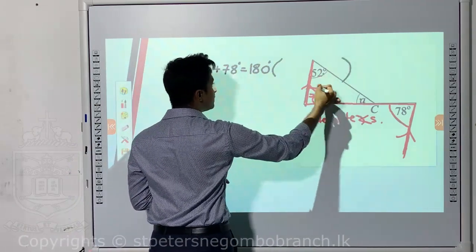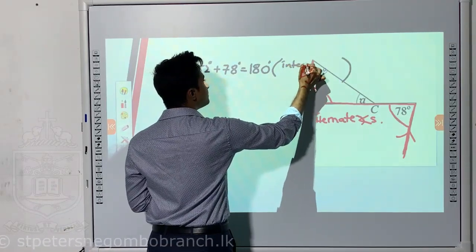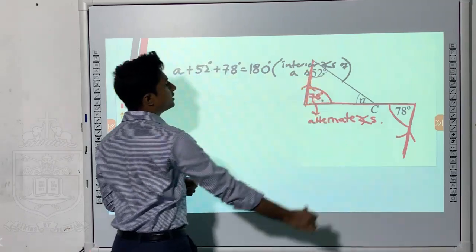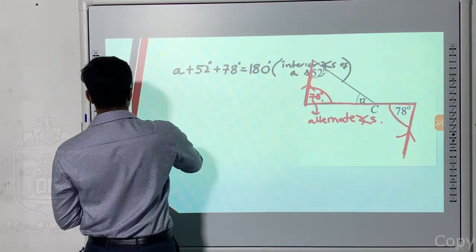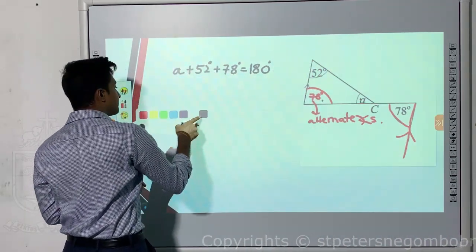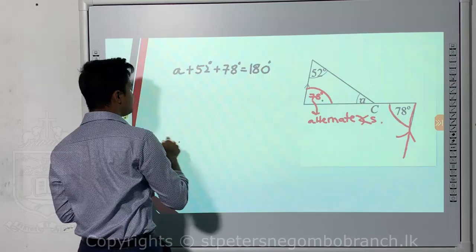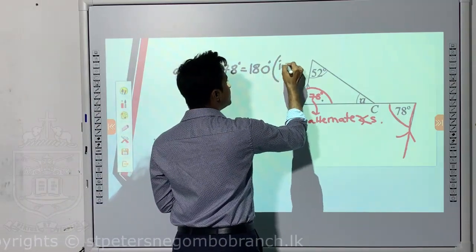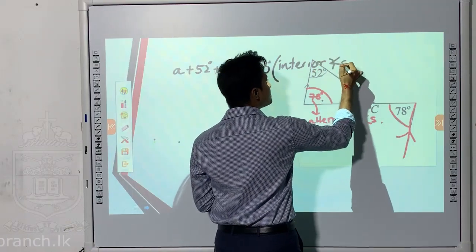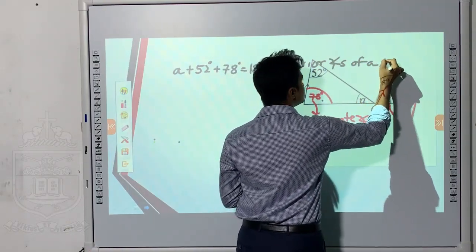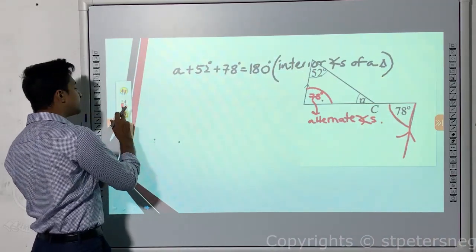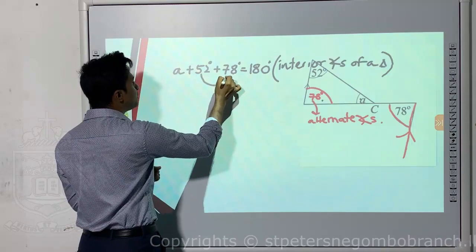Reason, do not forget: interior angles of a triangle. So then the normal method, you can just go and simplify 52 plus 78.